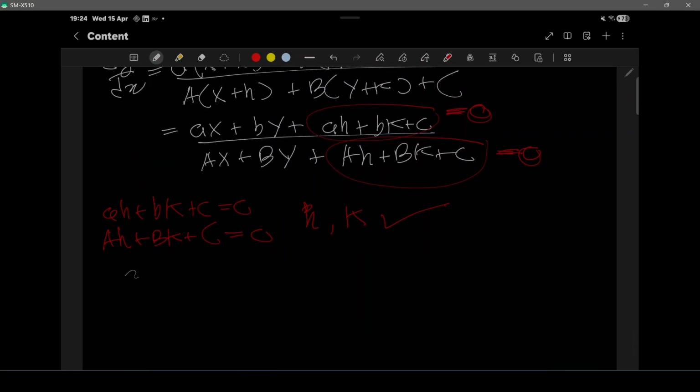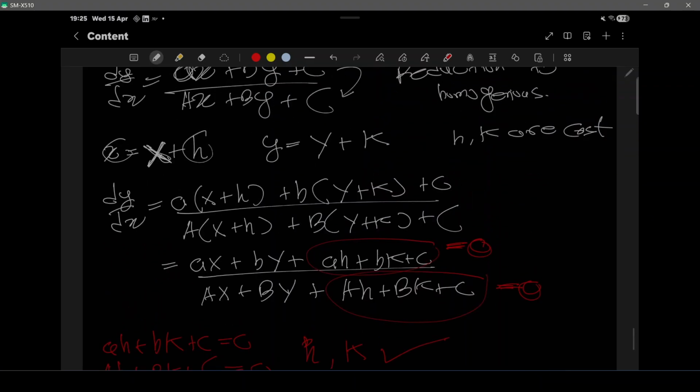Now we look at the equation. We have to change dy over dx too, because we now have x equal to capital X plus h and y equal to capital Y plus k.